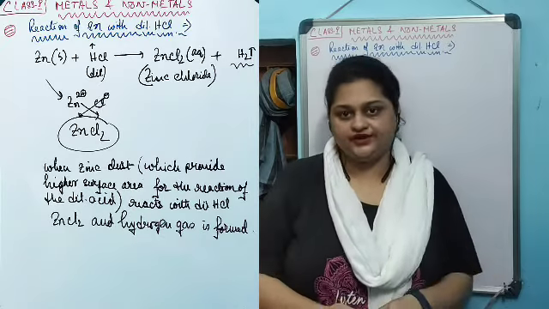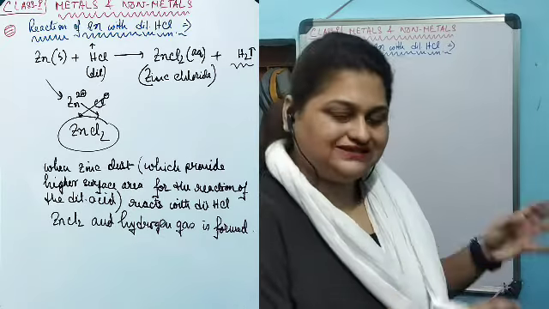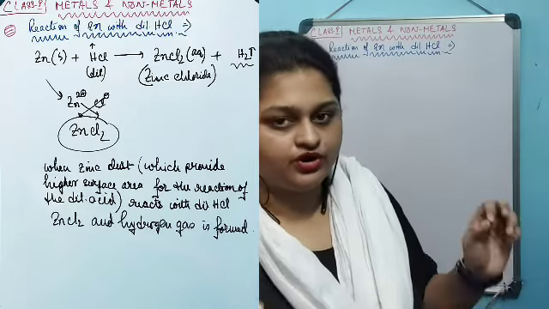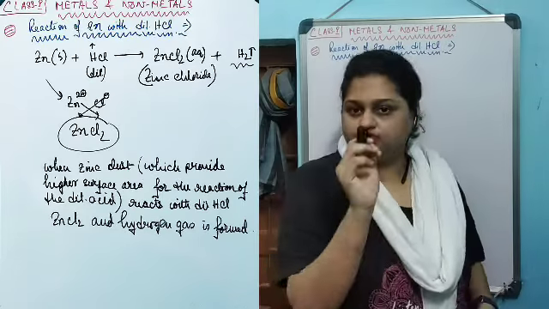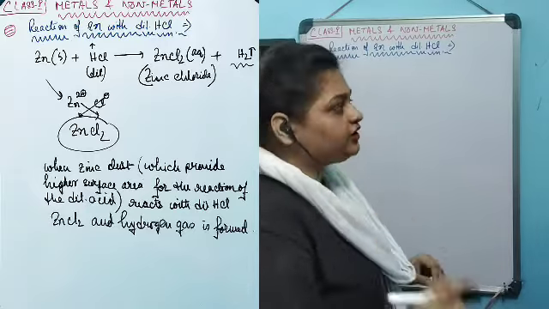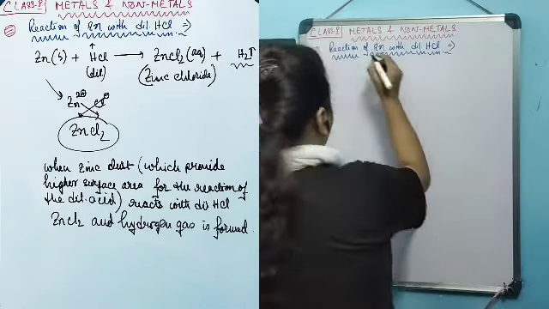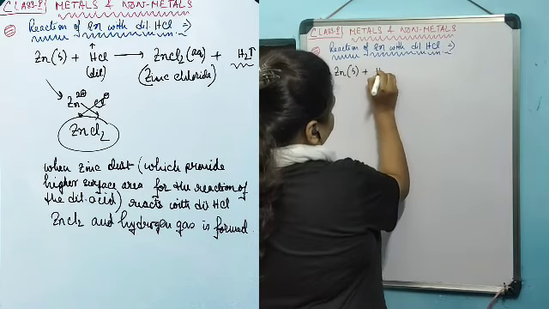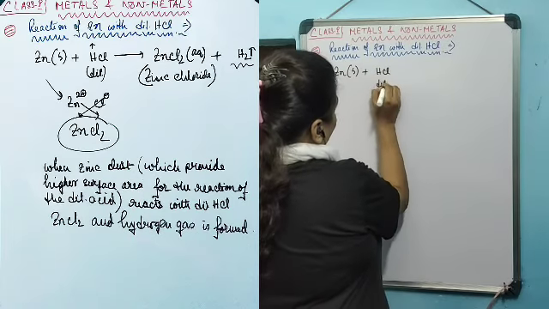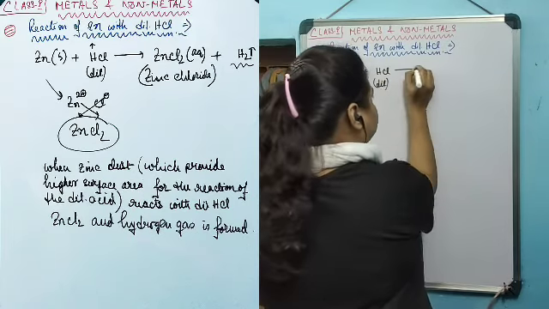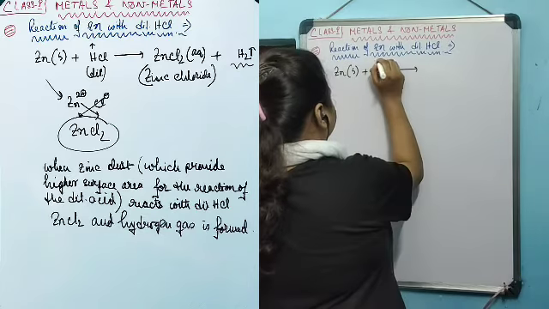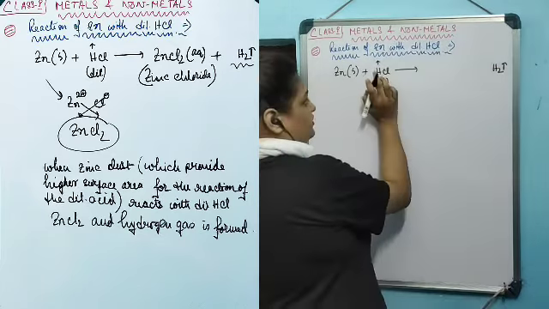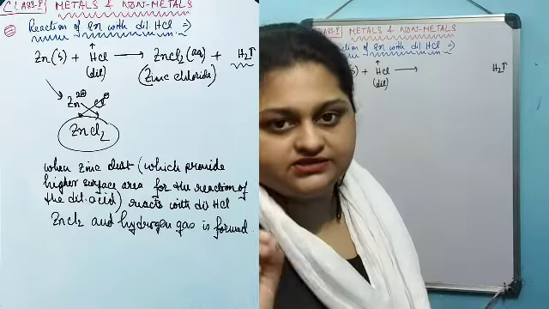The same reaction can also be observed when zinc reacts with dilute HCl instead of dilute H2SO4. Only the salt of the zinc will change depending on the acid that we have taken. So when zinc metal in solid state reacts with dilute HCl, hydrogen gas will be formed from the hydrogen counterpart in the HCl acid.